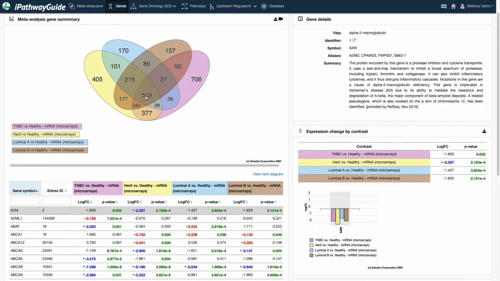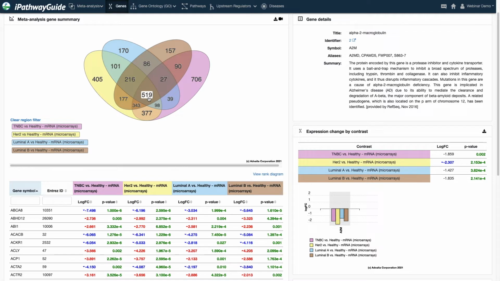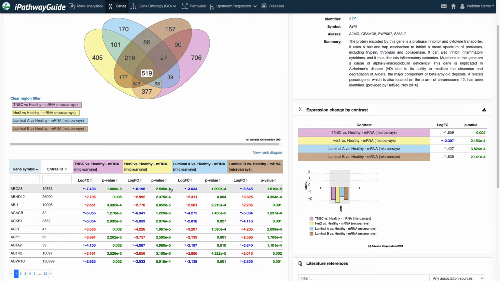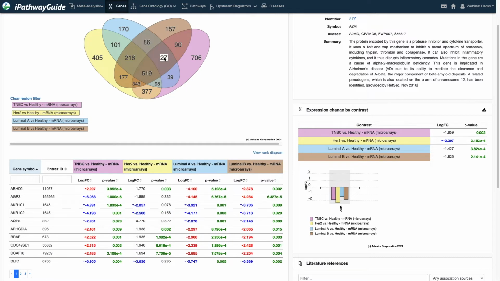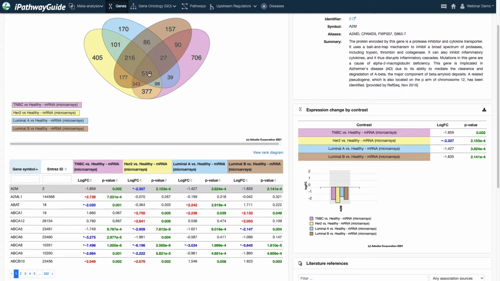And there are 519 genes that are commonly differentially expressed across all 4 contrasts. And you can see that this table here has been filtered. When I make a selection, it's filtered to include only those genes that I've selected.